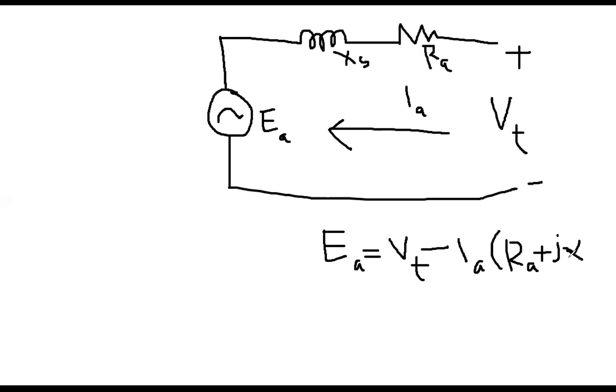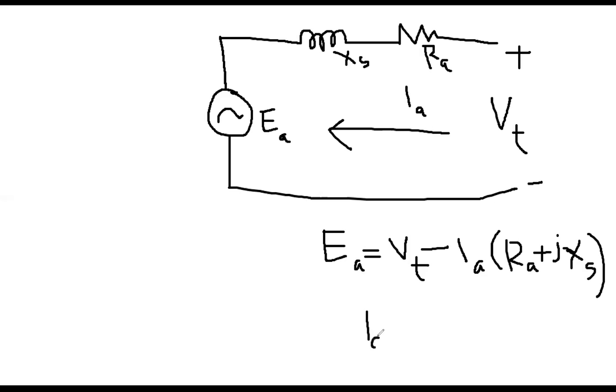If you remember the generator equation, it was a plus sign: that was the main voltage, the terminal, and you added all the drops. But today, because VT is my main voltage, from there I am subtracting the drop, and I get this voltage, which is the internal generated voltage. I will come to that point later.